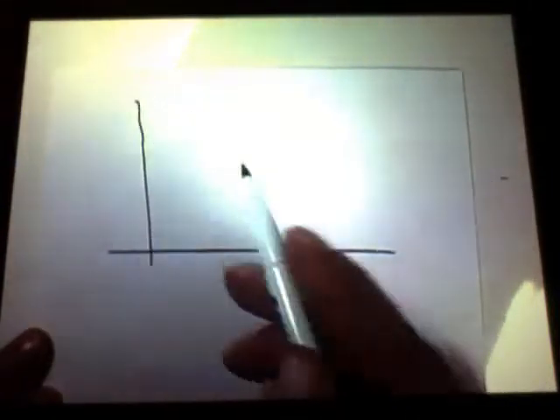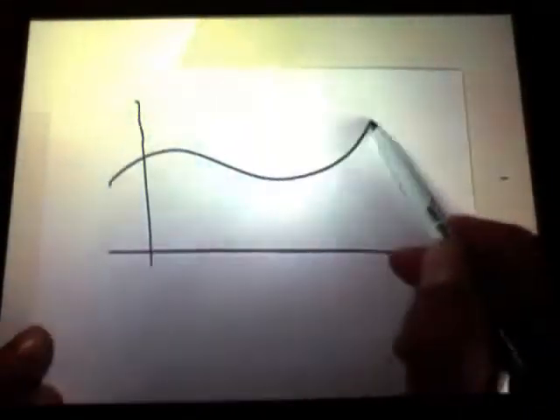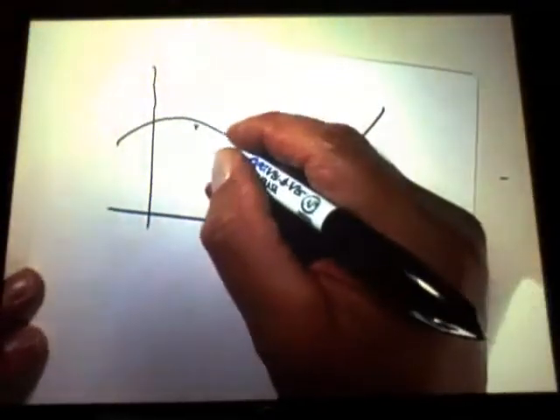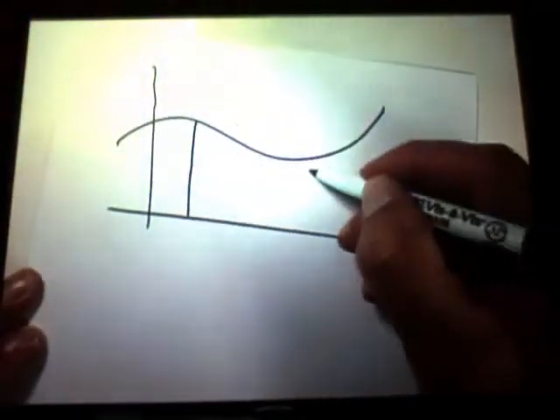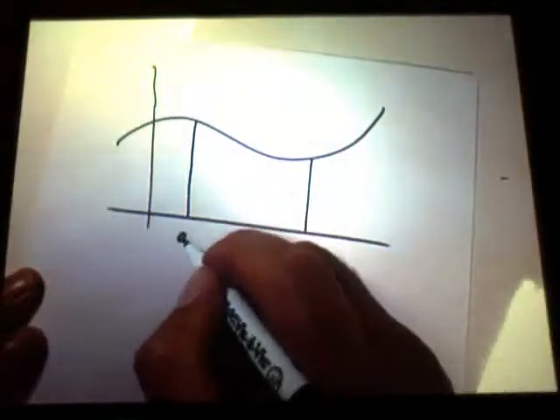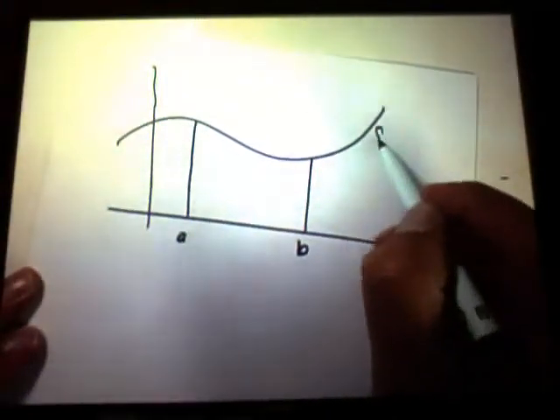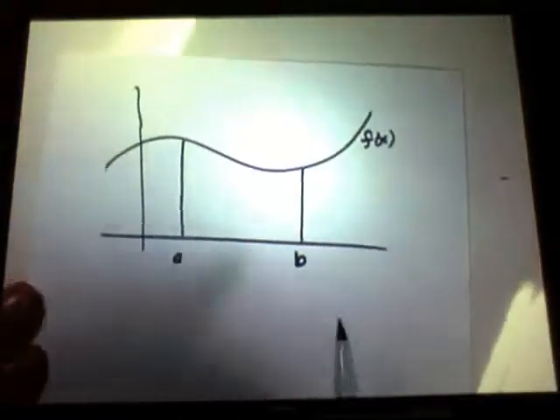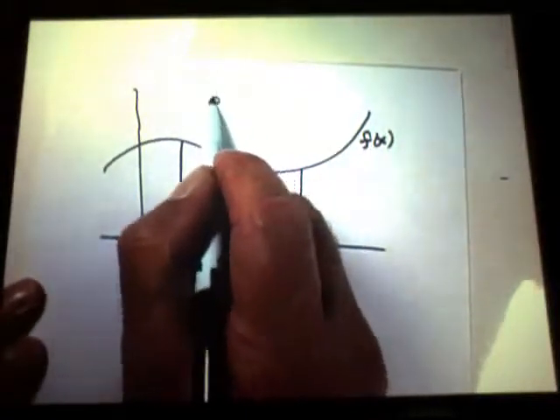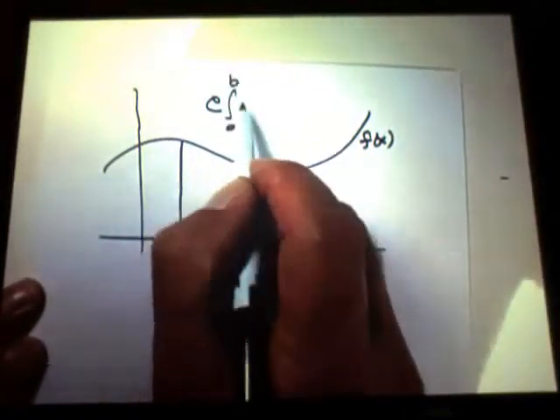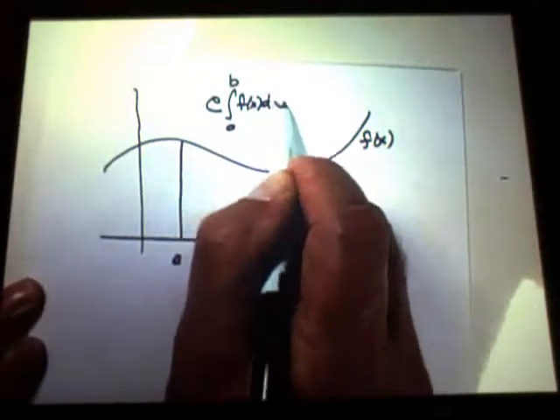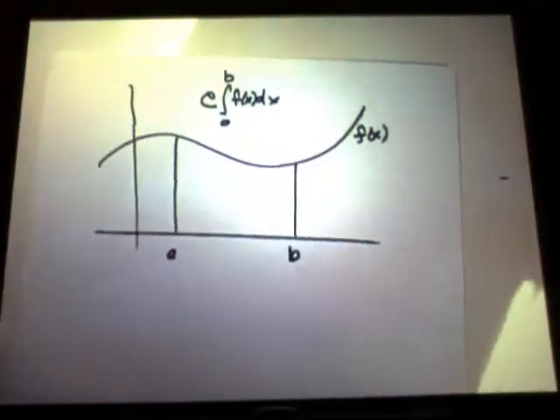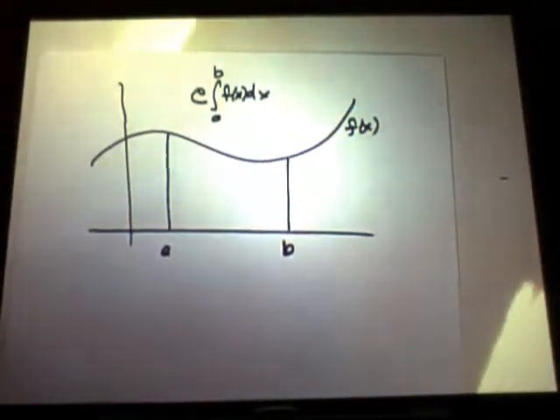If I have a function here, gee, this feels like calc 2. If I want to integrate f of x from a to b, Cauchy style, so I want the Cauchy integral from a to b of f of x, how do I define that? You remember?